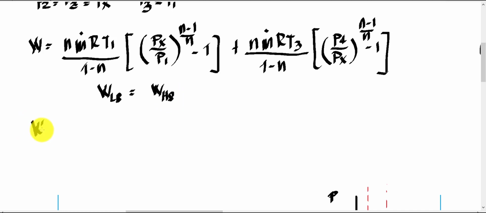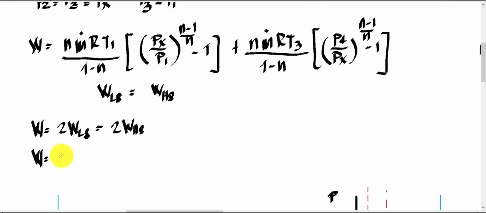So we can rewrite our equation as that the total work of the system can be equal to 2 times the work of the low stage compressor, or it is also equal to 2 times the work at the high stage of the compressor.